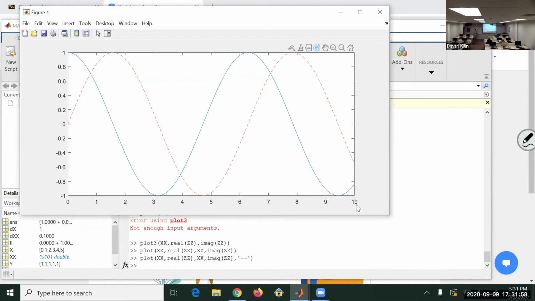What's the name of the person who designed this equation? Euler?